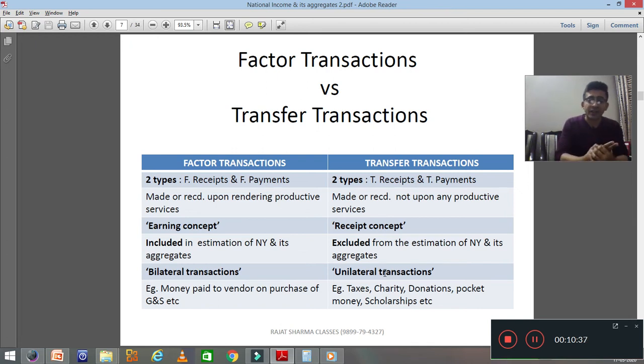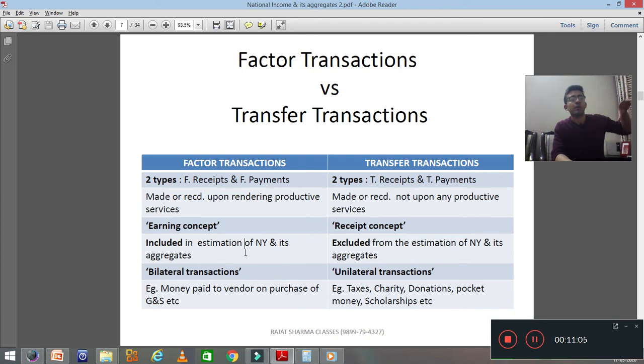Whatever is a two-sided transaction is a bilateral transaction, and the bilateral transaction will be under the factor transactions. If I give something, I get something in return. That is a bilateral or two-sided transaction. These are earning concepts, and these are included in national income. They are included in the estimation of national income.